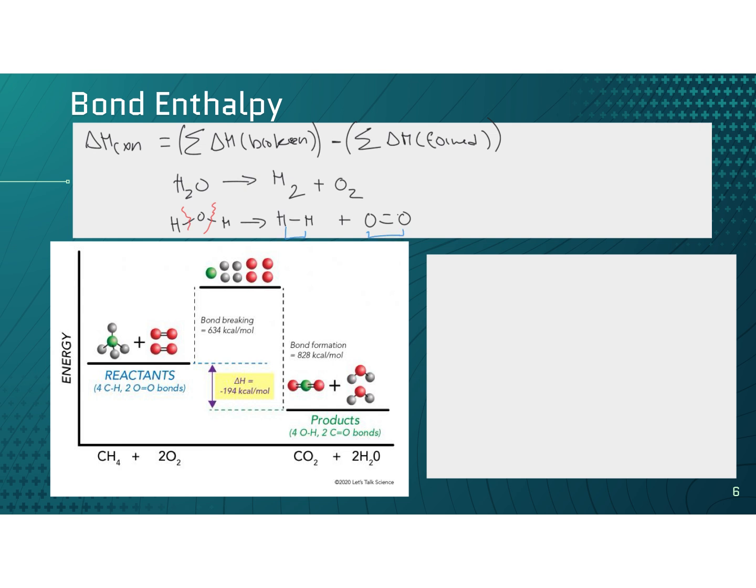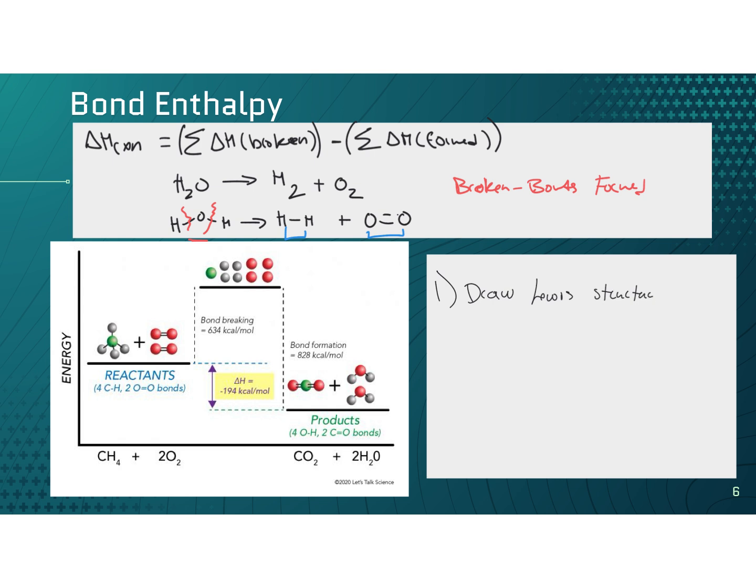And so for my delta H of reaction, I would take the bonds broken minus bonds formed.